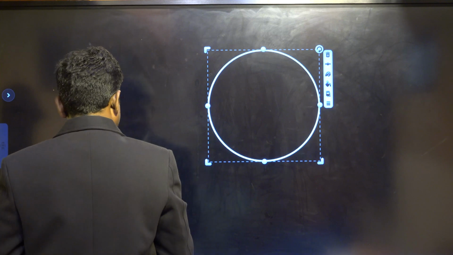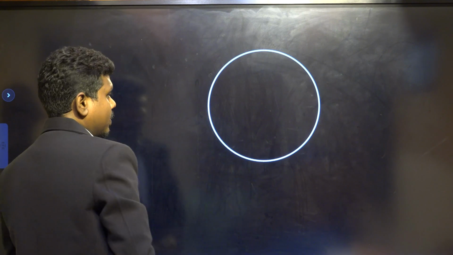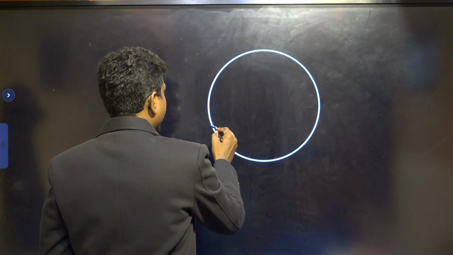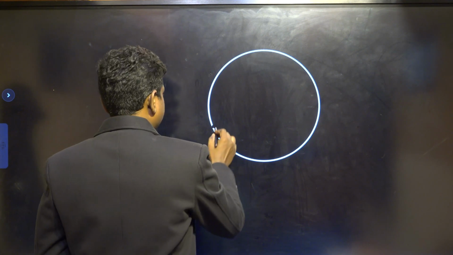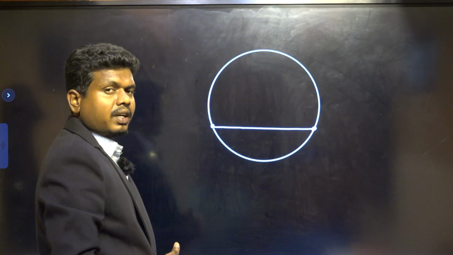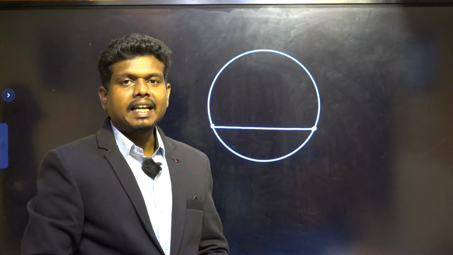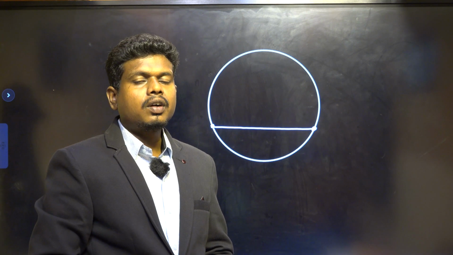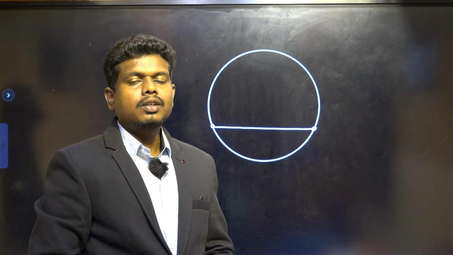Considering a circle, if a line touches the two extreme points of a circle, it is called a chord. A line segment which touches two extreme points of a circle is called a chord.